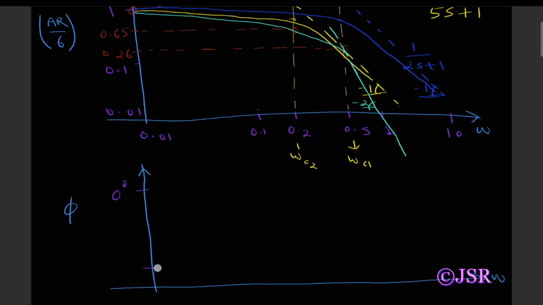When omega is infinity, we have minus 180 degree. So these are the two extreme values for lower omega and higher omega.